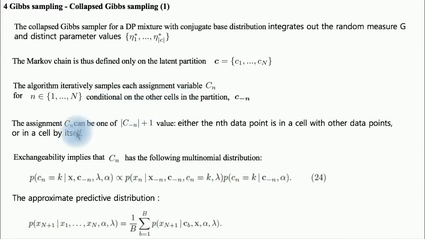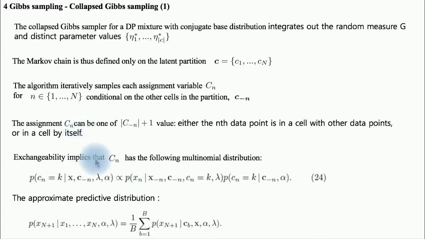The assignment C_n can be one of the previous assignment values, either the nth data point is in a cell with other data points, or in a cell by itself.